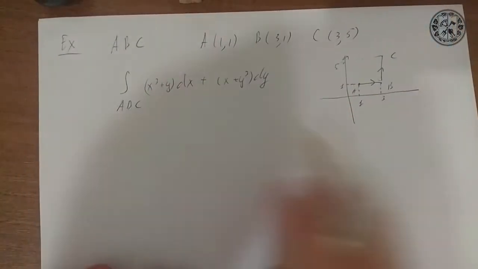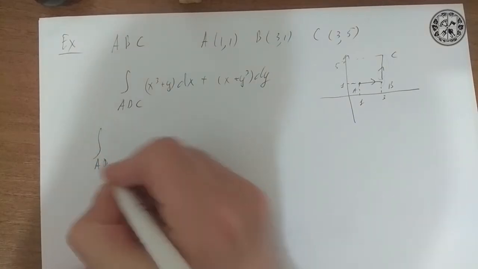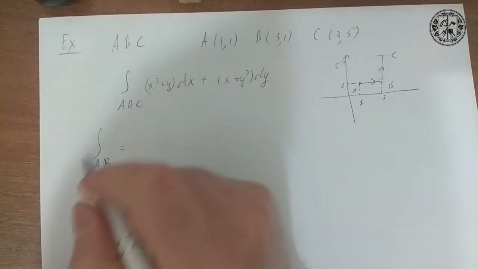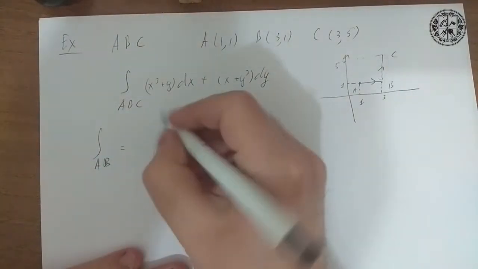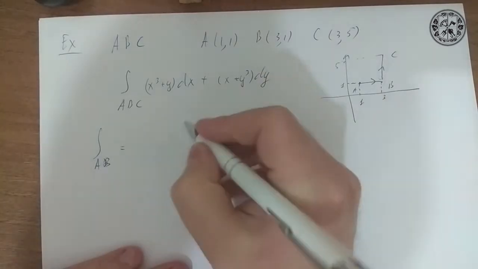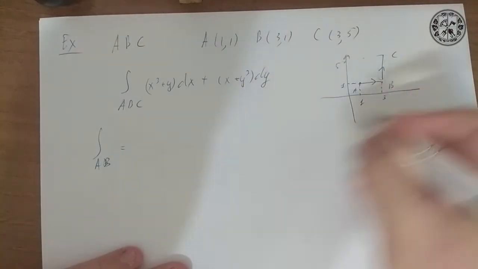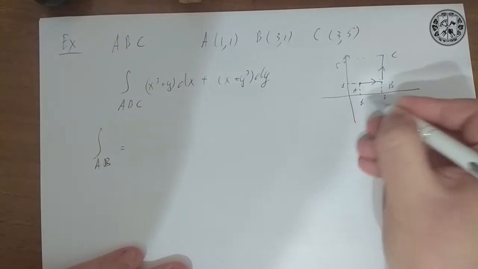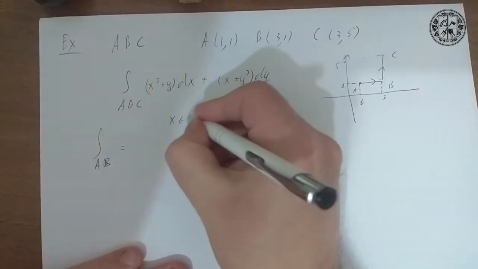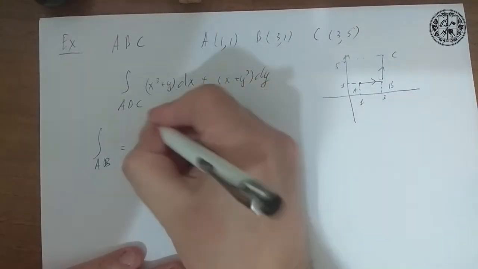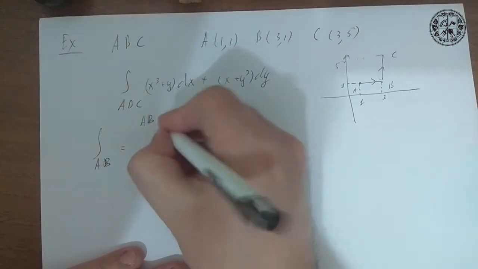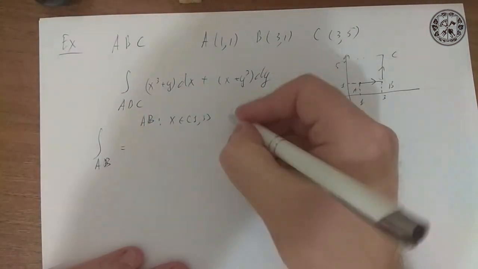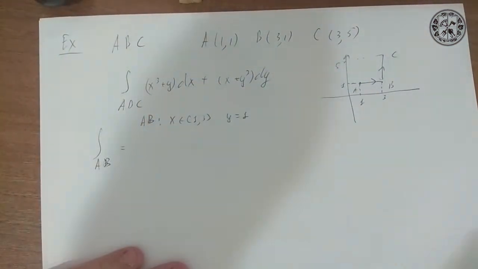Now, the integral over AB will provide us with the following. Here, x is changing from 1 to 3. y is constant, y equals 1.